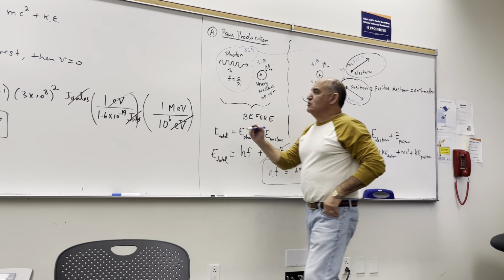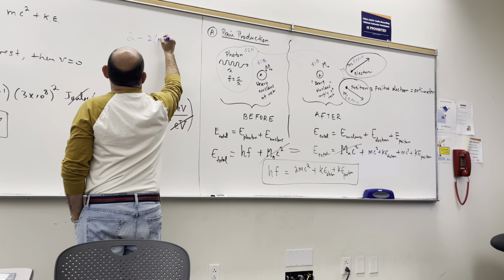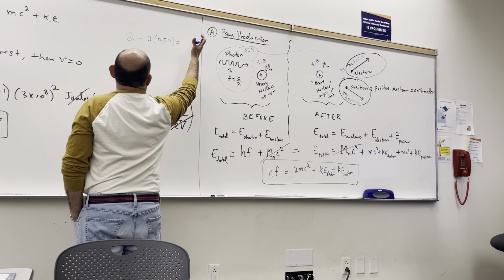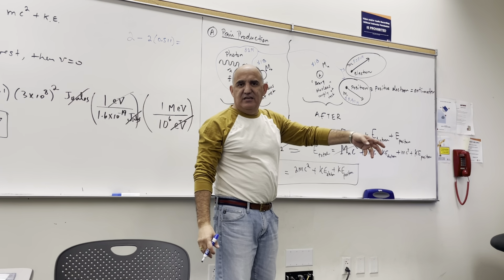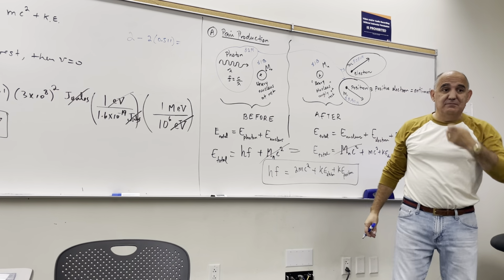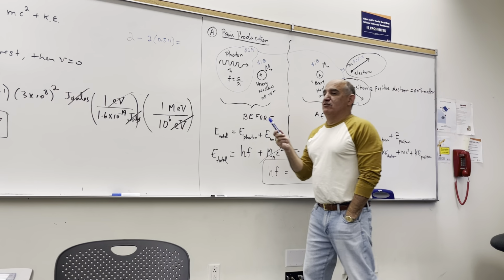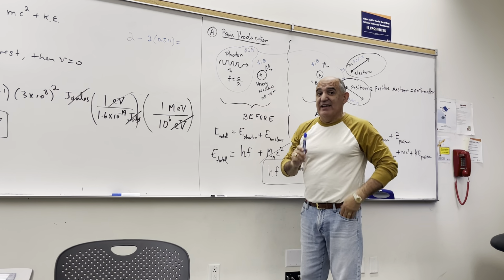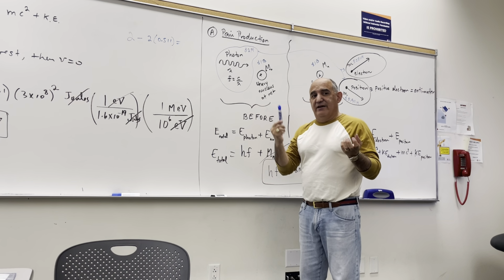So it's like 2 minus twice 0.511, right? Whatever you get, that's going to be the kinetic energy together of the electron and the anti-electron, the positron. So if I ask you, what is the minimum amount of energy or the minimum amount of money that the photon needs to have if it is going to make an electron and an anti-electron?